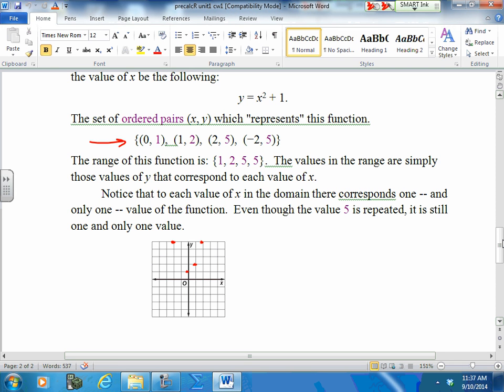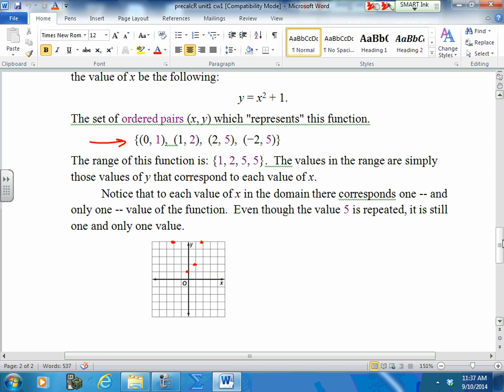Yes, because every x has one and only one y. The nice part about this is when you look at your ordered pairs, if you see the x repeat, it's not a function. The y can repeat, but the x can't. We're not looking for a one-to-one, we're just looking for a function.